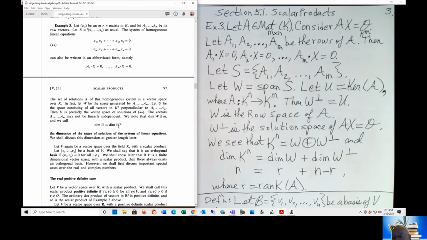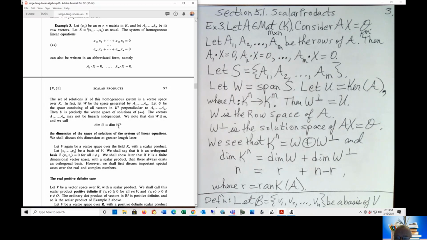But the way I have this problem set up now, we can clearly see that the orthogonal complement of W, W perp, is equal to U. The orthogonal complement of the row space is equal to the solution space. Okay.